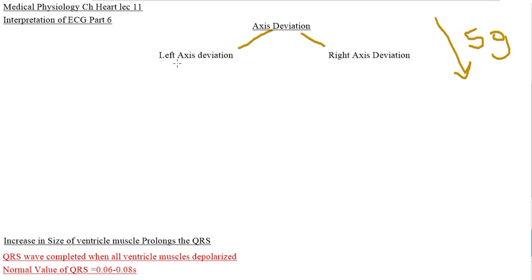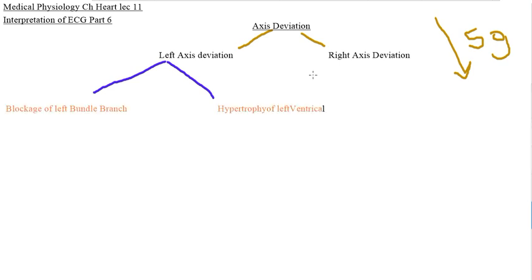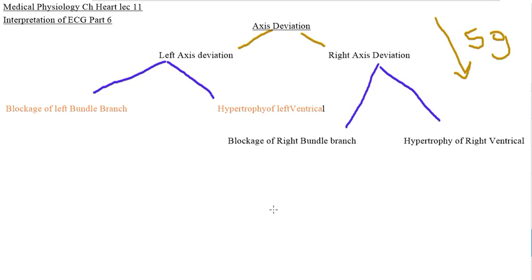There are two important causes of left axis deviation that you must know. One is blockage of the left Purkinje bundle branch. Likewise, there are two possible causes of right axis deviation. One is right bundle branch blockage and the second is hypertrophy of the right ventricle.